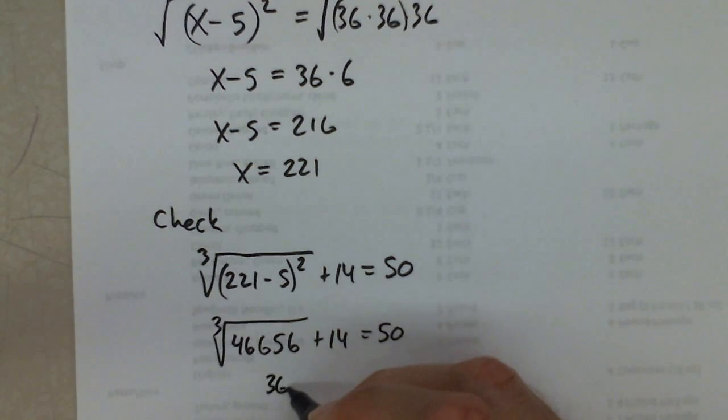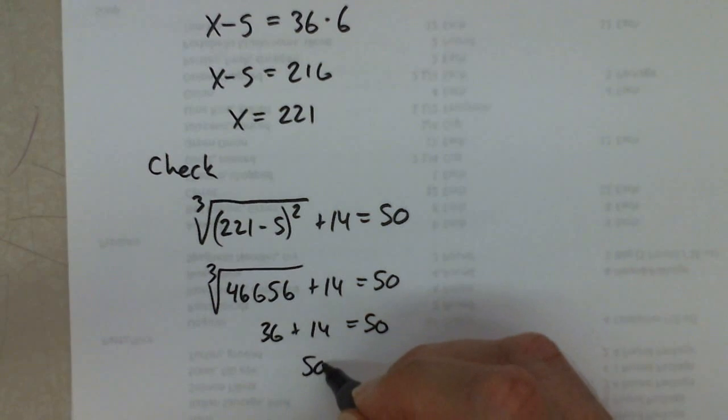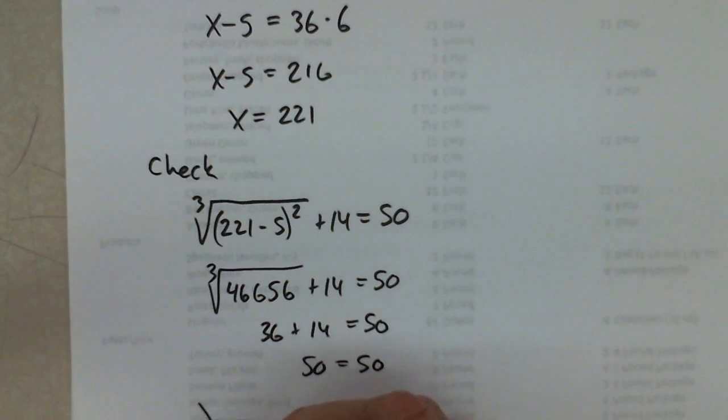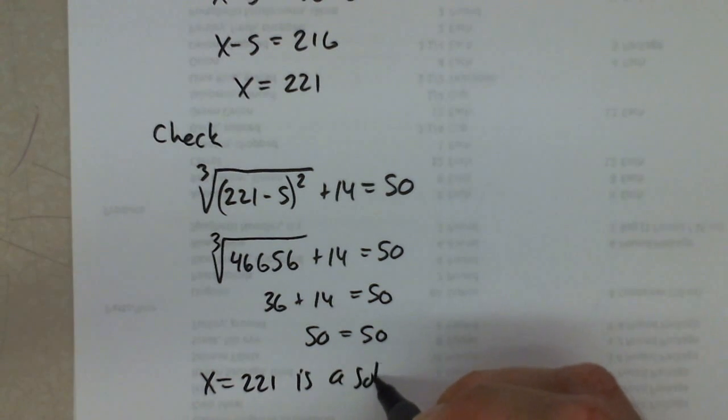That ends up being 36 plus 14 equals 50. 50 equals 50. So we say 221 is a solution.